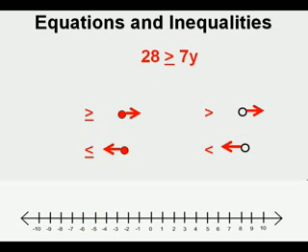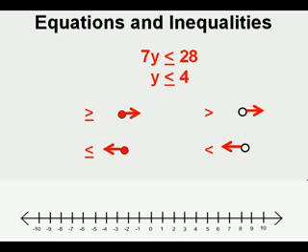Now here's another one. What are we going to do with it? Notice that the variable is on the right side of the inequality. To get it in a familiar form, we need to turn it around. But when we swap sides and turn it around, we need to turn around the inequality sign too. So this becomes 7y is less than or equal to 28.